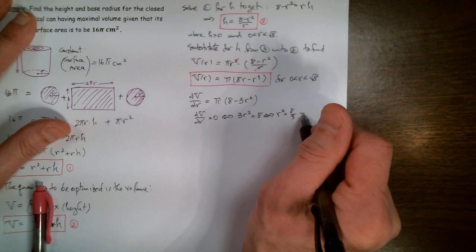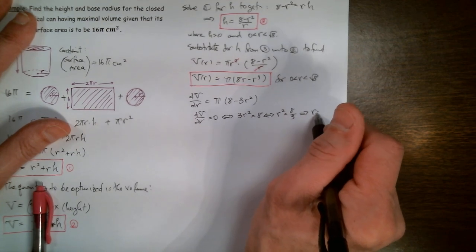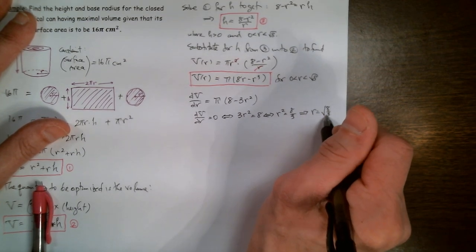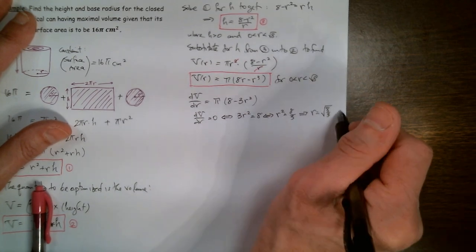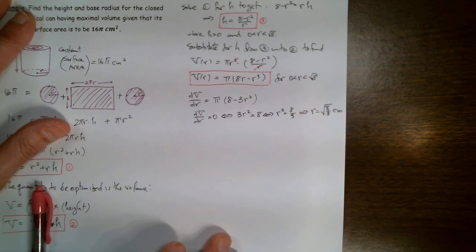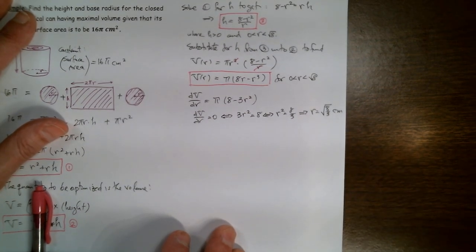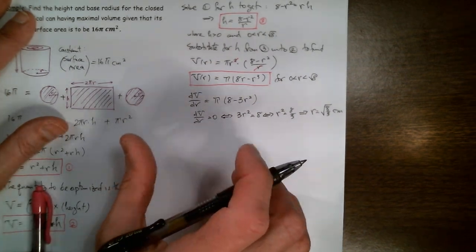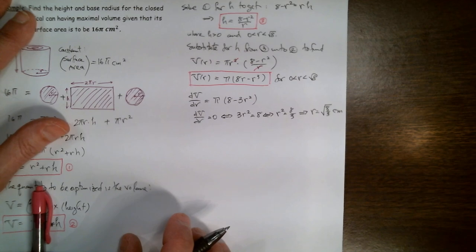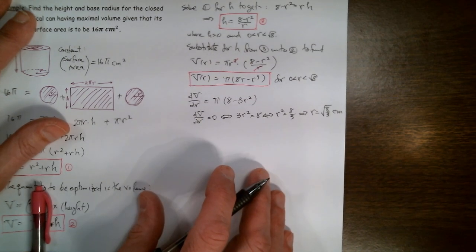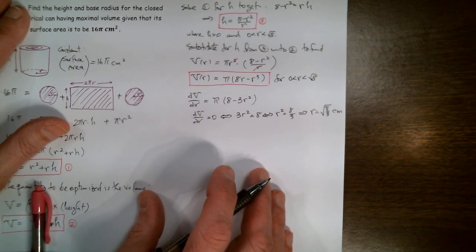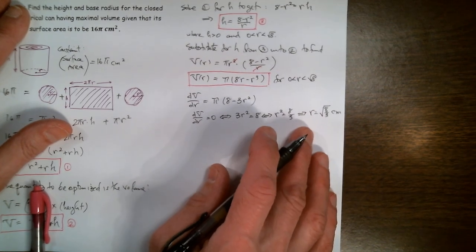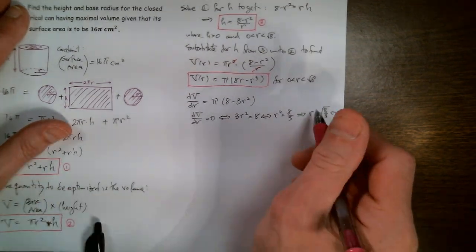So that means that r has to be the positive square root of 8/3. Of course, the units here would be in centimeters. And of course, we know r is positive, being that it's measuring a base radius, and lengths are positive. And so there it is, and so that's our critical number.